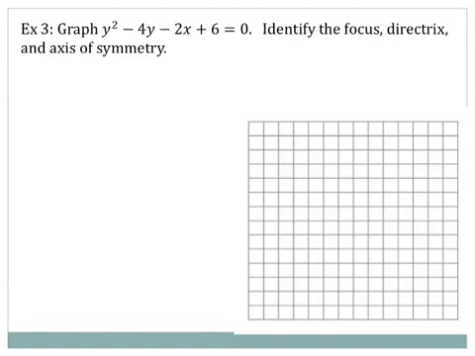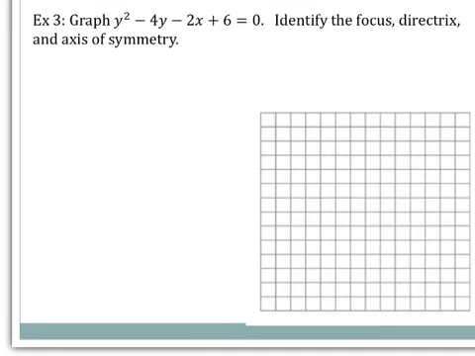Now, so far, we've only been graphing things that have had a vertex at the origin. But if you look at example 3, we need to put that into standard form. So we're going to have to complete the square of y. And since y is squared, we know this is either going to open left or right. So we're going to move everything that is not a y term to the other side so we can complete the square.